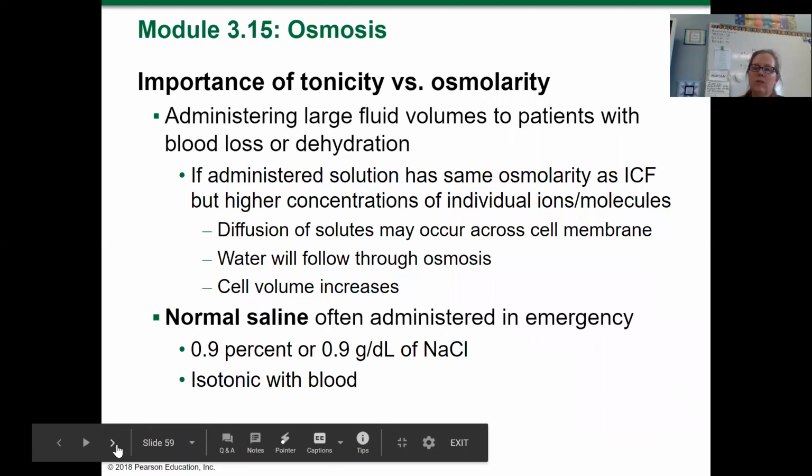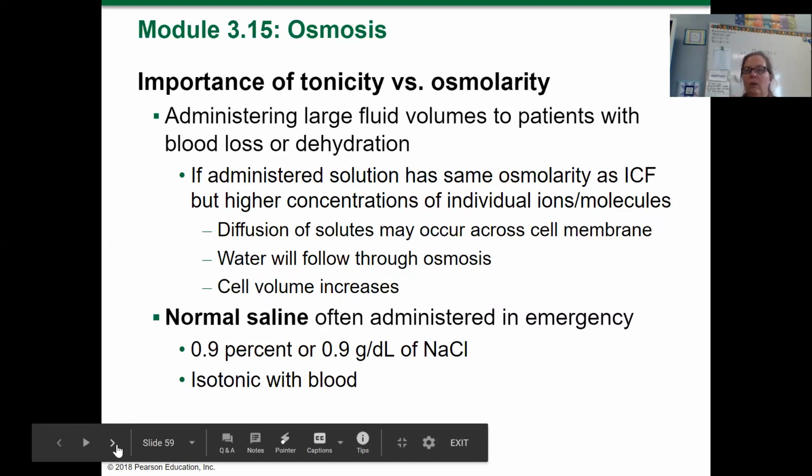So this is important because sometimes patients need fluid, either saline or blood, whatever. But you have to match the osmolarity of the internal fluid, okay?